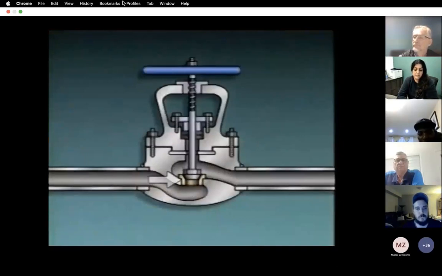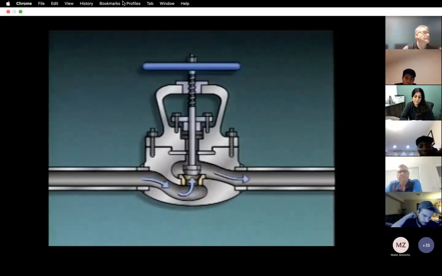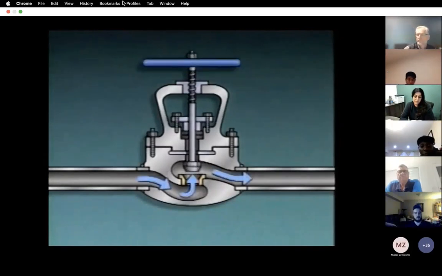Other parts of a valve may include a seating area or seat, a disc, a bonnet, packing material, a packing gland, and a stem with a hand wheel attached to it. The seating area or seat is a stationary part of a valve. It's used with the disc, which is a movable part, to control flow through the valve.